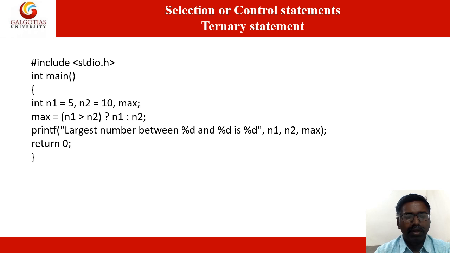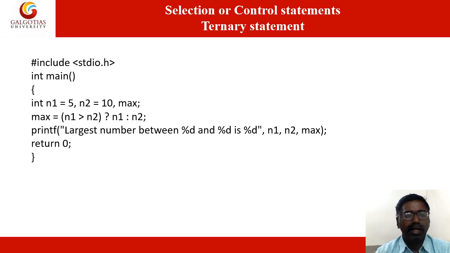What is the meaning of this ternary operator statement? Expression 1 is evaluated, and according to its output, if it is true we take expression 2, and if it is false we take expression 3. So n1 stands in expression 2 and n2 stands in expression 3.